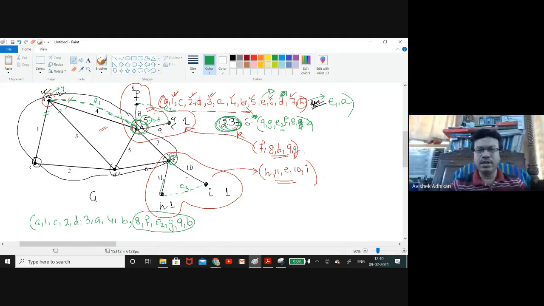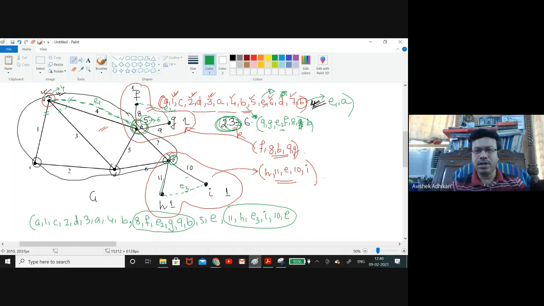Then again you are here, then use 5 to E. When you are in E, you do the extra thing: use 11 to H, then use E3 to I, then use 10 to E again. So this is again extra.